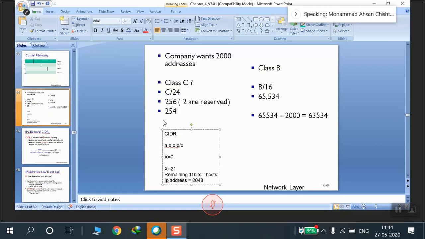From the remaining 11 bits we will get 2 to the power of 11 IP addresses, that is equal to 2048. All right, of these 2048 against 2000, the remaining is only 48. You have saved a lot.